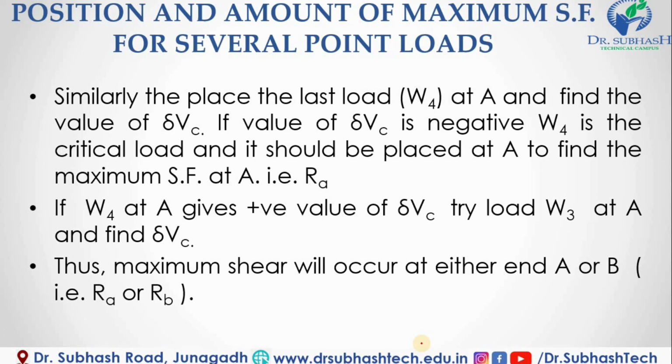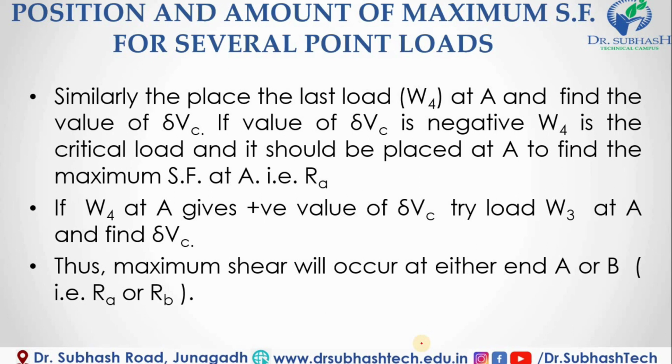Now similarly place the last load W4 at A and find the value of delta Vc. The value of delta Vc is of course negative because all 4 loads are on the left hand side of the section. So this critical load should be placed at A to find the maximum shear force, for example for reaction Ra. If W4 at A gives a positive value of delta Vc, try load W3 at A and find delta Vc.